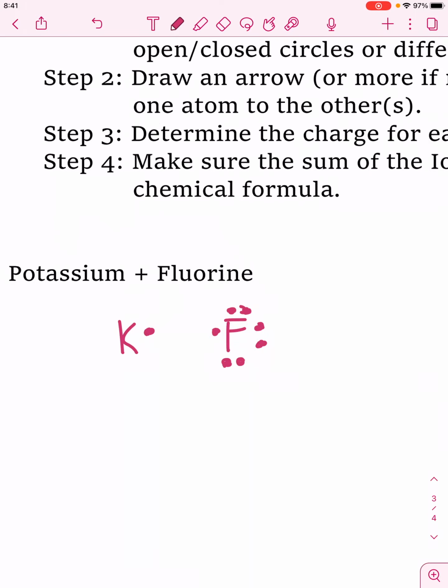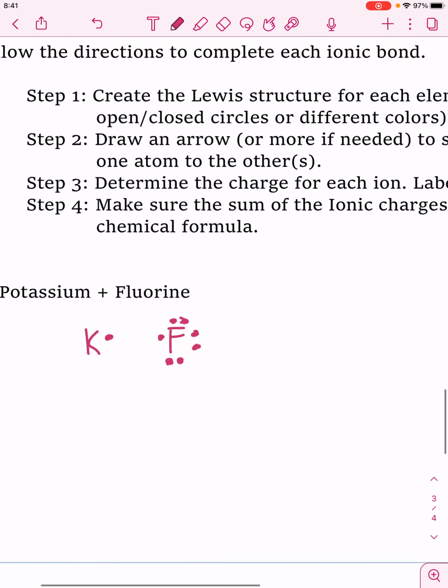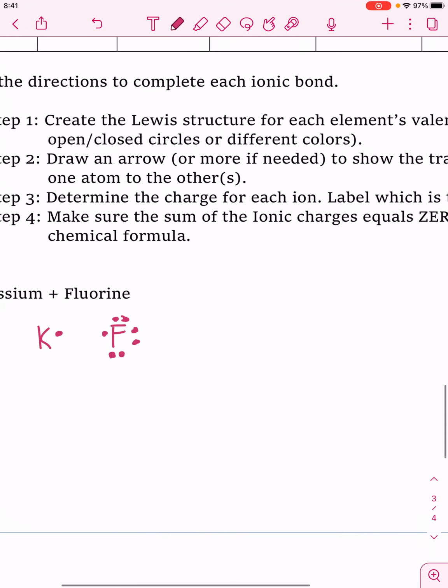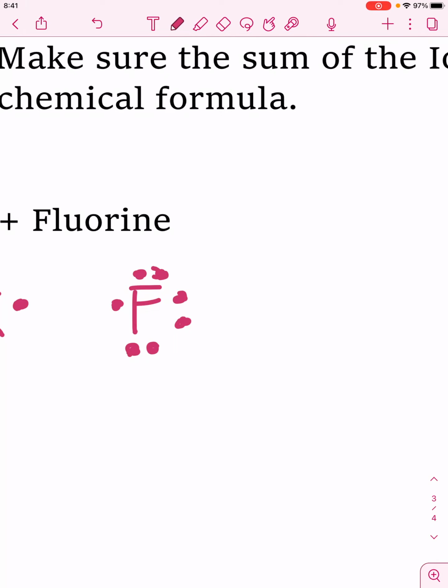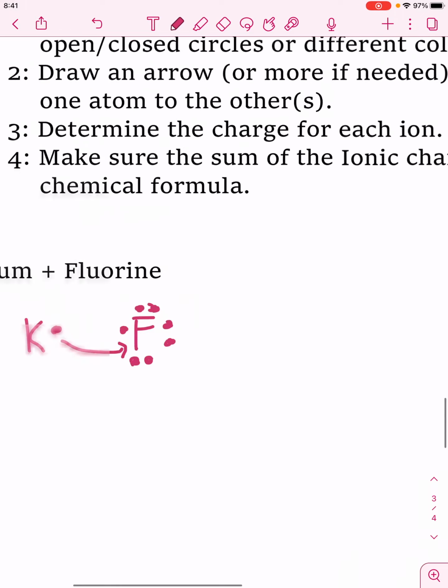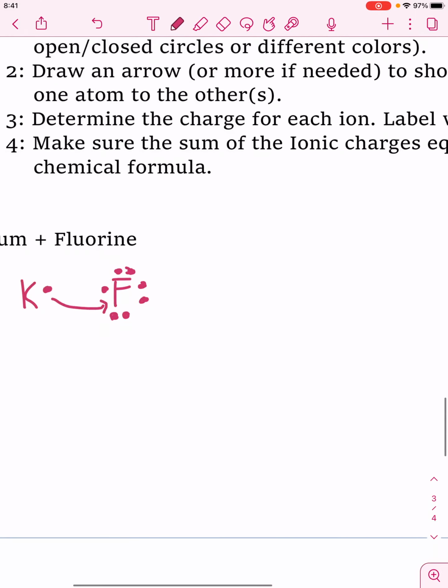And so what I want to do here is number 2, draw an arrow or more if needed to show where the transfer of electrons is going to happen. So right here, make sure that you don't just have a line. Make sure you actually have an arrow. If you just have a line, I have no idea which way it's going. Okay. So then it says determine the charge for each ion.